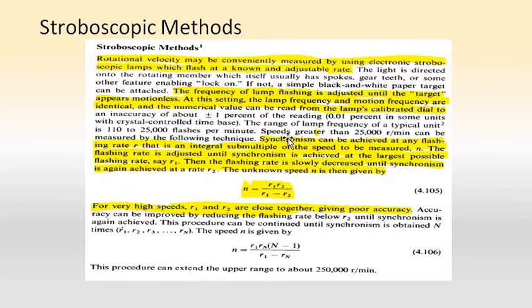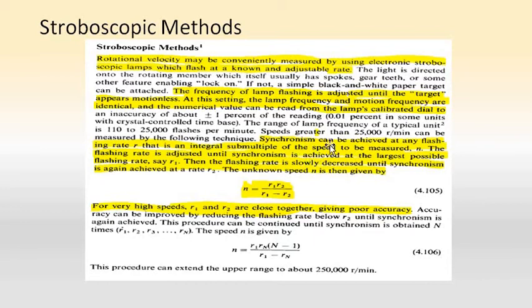Previously I have told that at a frequency we are flashing the light, and when the target appears motionless, we note down the frequency of the lamp, and that is the synchronism rate corresponding to that particular frequency.